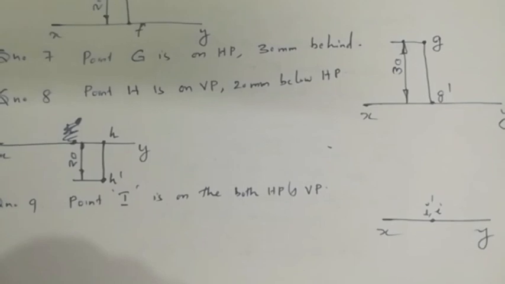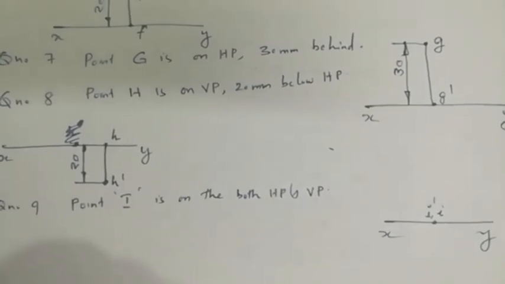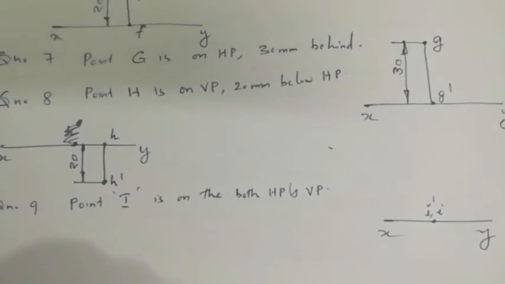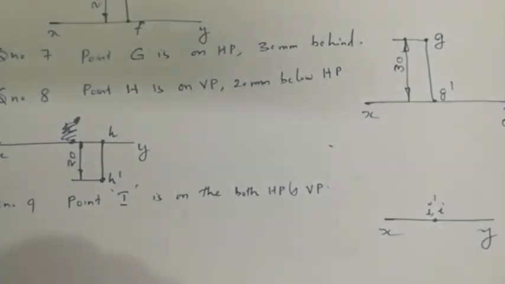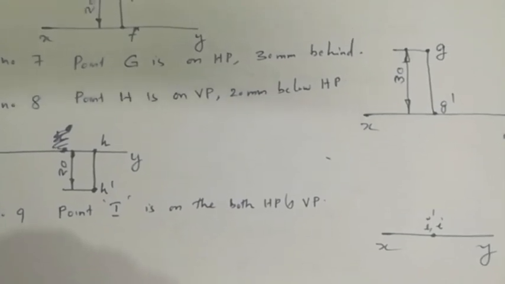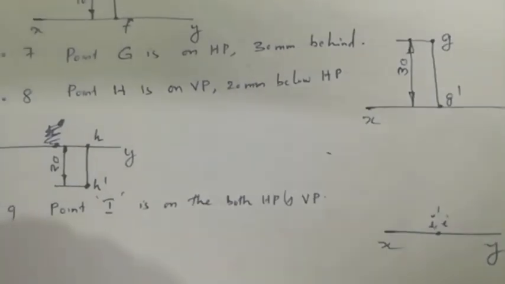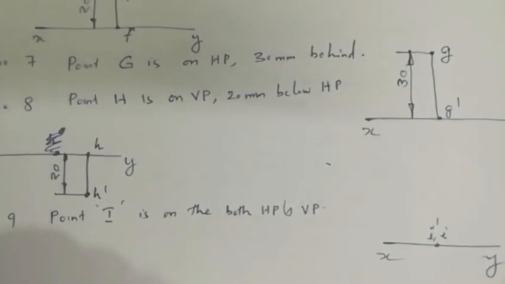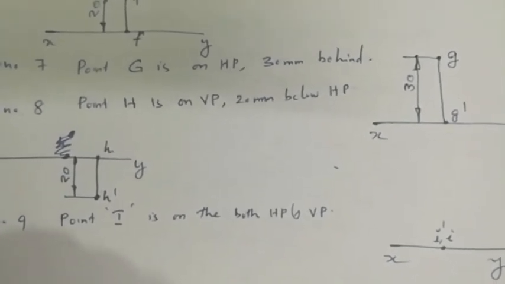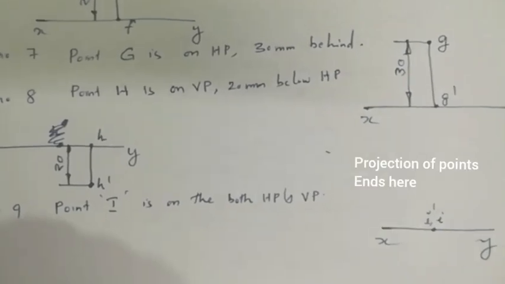If that is not given, but some clues will be given in the problem, we may have to find the distance of the point with respect to HP and VP, and after finding out that distance, we can clearly draw the front and top views. So with this we conclude projection of points. Next we will be dealing with the projection of lines.